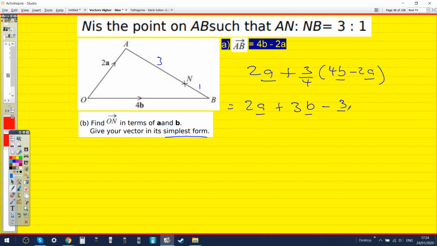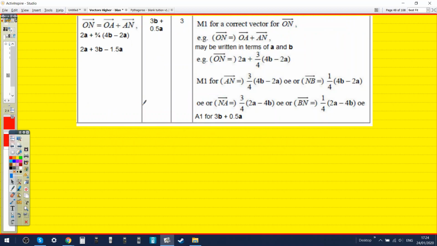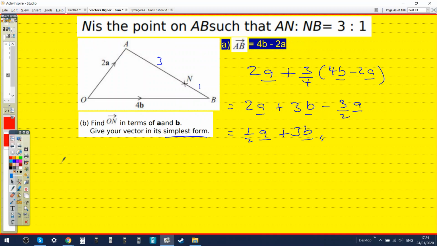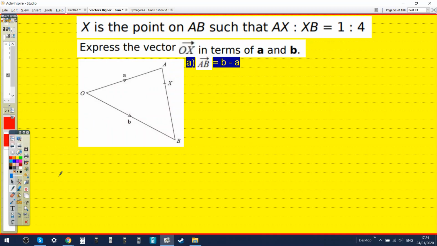I'll write that as 3/2a, or 1.5a. Then we've got a half a plus 3b. 3b plus 0.5a. Great. Yeah, very similar thing.